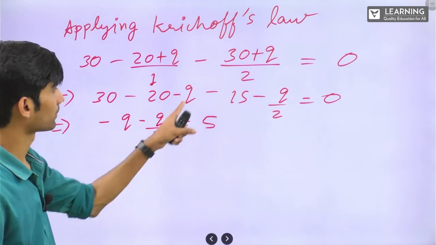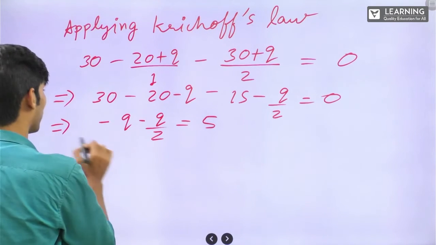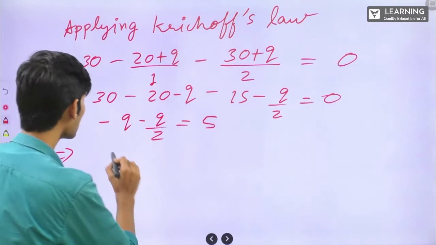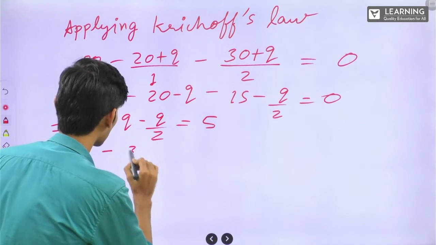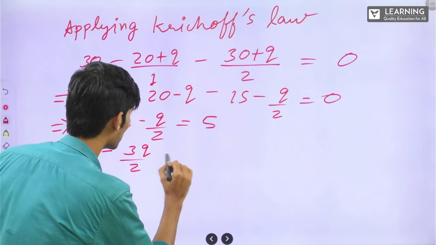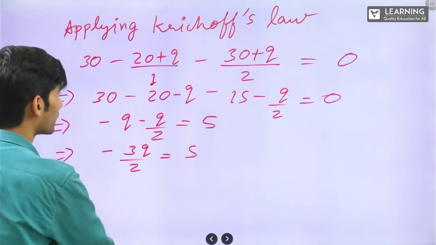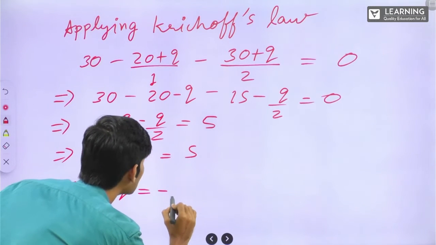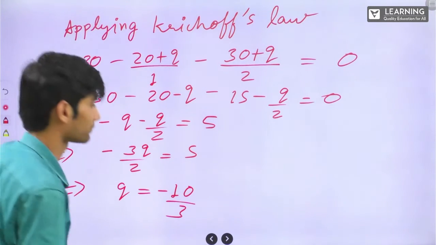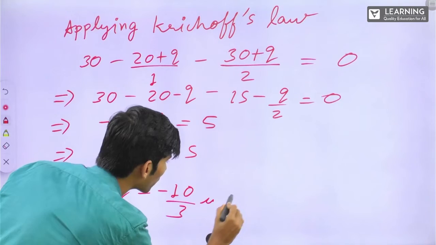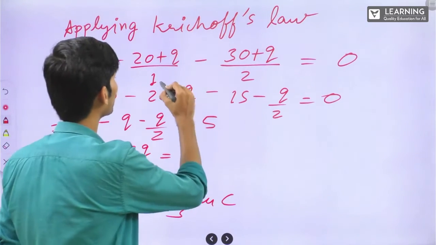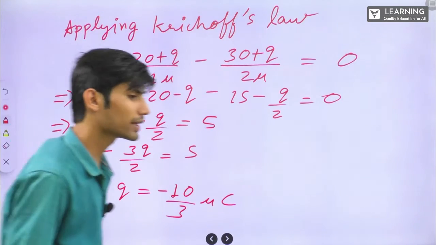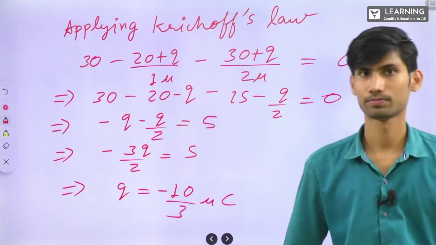Correct? From here, this is minus 3Q by 2 is equal to 5. From here, what we got, Q is equal to minus 10 by 3 microcoulomb. Here also micro is there, if you remember. Correct? Here what we'll get, minus 10 by 3 microcoulomb.